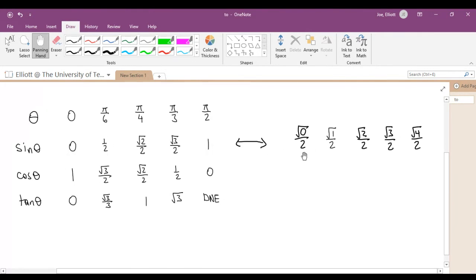But that's one way that could be helpful to memorize it, if you just remember this pattern in the numerator. That can give you sine, and then just remember that cosine is sine but reversed. Any questions so far about that? Okay, all right.